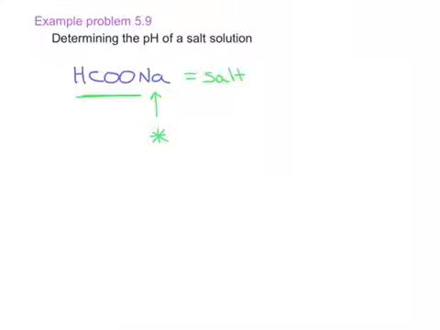The setup for this is pretty similar to the setup for a weak base problem. We just have an extra step to dissociate the salt. So let's move all this up here, write down what all we have to work with. We have our salt, which is sodium formate. This is a sodium salt, by the way.